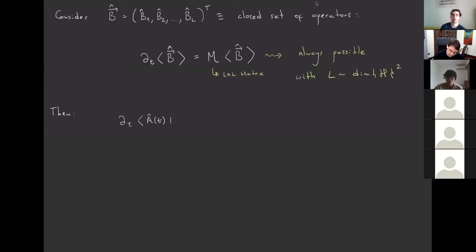So imagine the two-time correlation between some operator A, my operators B, and then another operator C. Here I have L correlation functions, one for each B, and among those there is one that I care about, for example. Then it's funny that the correlation function satisfies exactly the same equation as the expectation values.